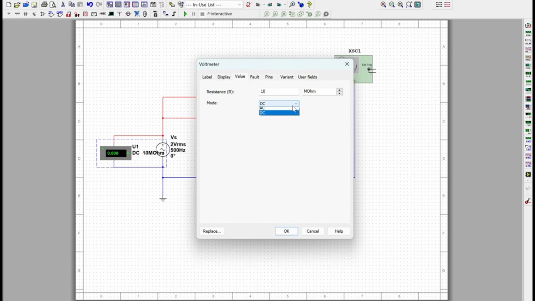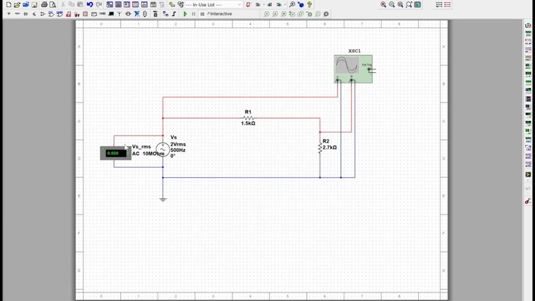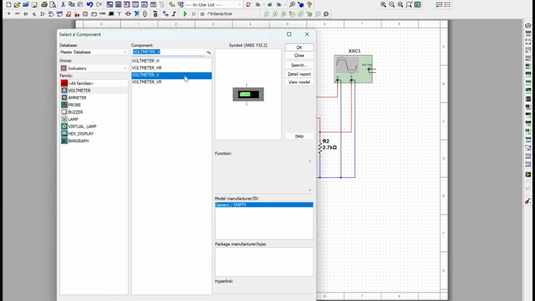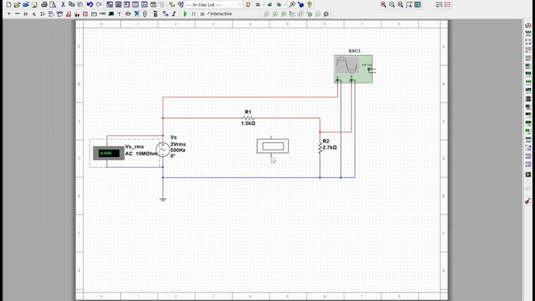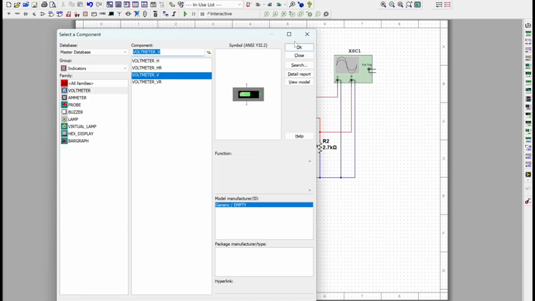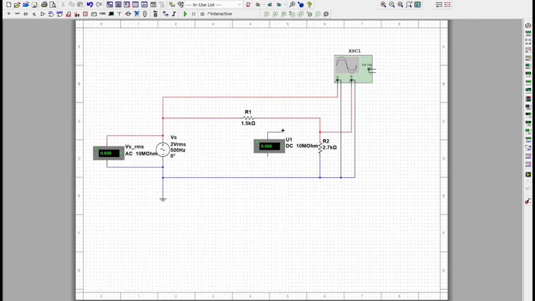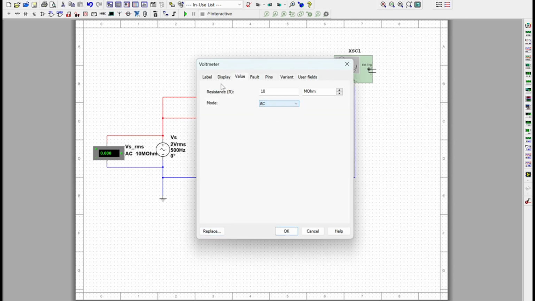And then we're going to change it from DC mode to AC mode since our circuit is in AC. And then we are going to take another one and we're going to connect it to resistor 2 over here. And we are going to switch that to AC, and we are going to label this one as V2 RMS.